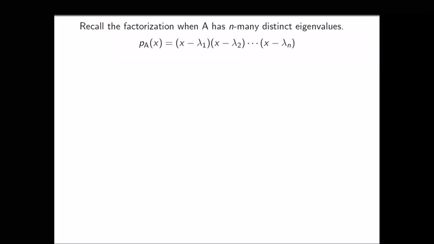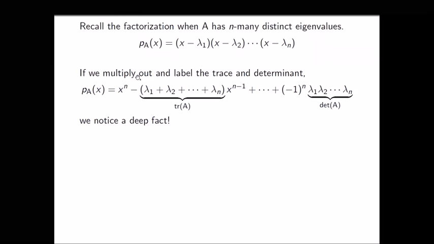So before we get to the exercises, there's one more fact that I want to bring to your attention. So let's say our matrix A has n many distinct eigenvalues, and therefore its characteristic polynomial can be written as the product of these linear terms.